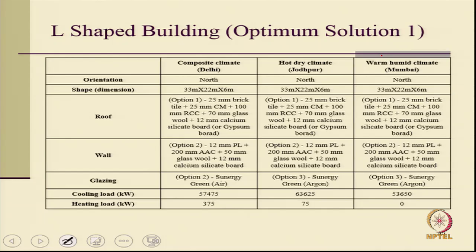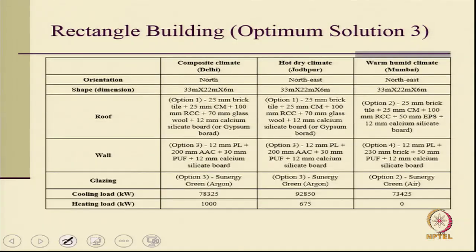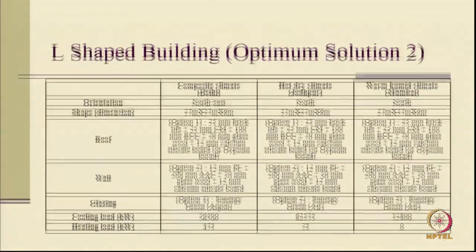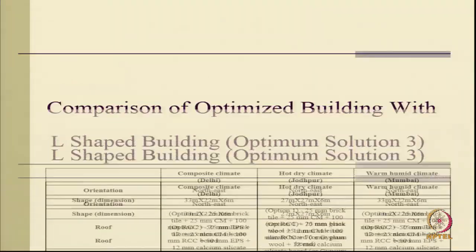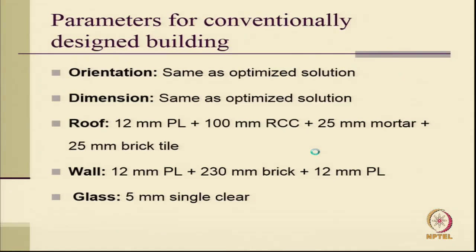Two shapes of the building were considered: a rectangle one and another L-shaped. So, separately for the L-shaped building with different aspect ratios, and the optimized building compared with the conventionally designed building, one can compare by using software, or using the same procedure.